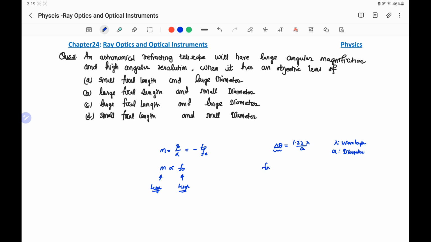So for smaller angular separation, that is higher angular resolution, delta theta is inversely proportional to the diameter of the lens. Therefore, to have a smaller delta theta, this diameter should be larger. Therefore, the focal length of the objective lens should be high, and similarly the diameter should be large. Hence option C is the correct option.